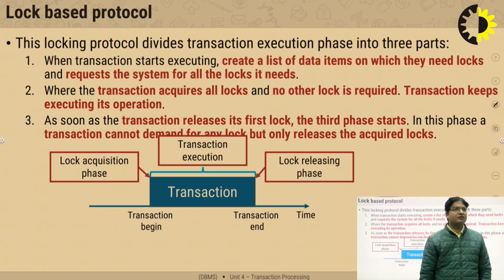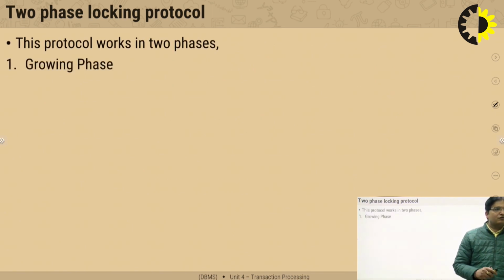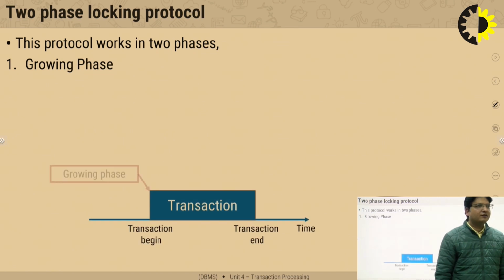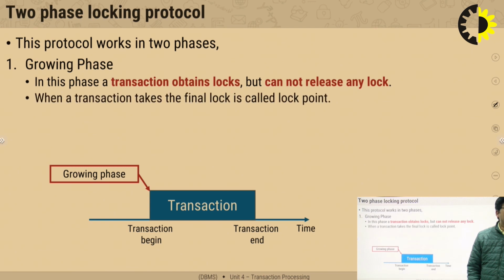Now another variation of this protocol is two-phase locking, whereby we have two phases. First is the growing phase and second is the shrinking phase. The growing phase is towards the beginning of the transaction, whereby we request and obtain locks, but we don't release any lock. When a transaction takes the final lock, it is called the lock point.